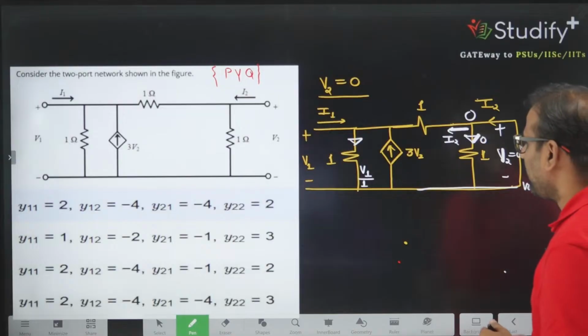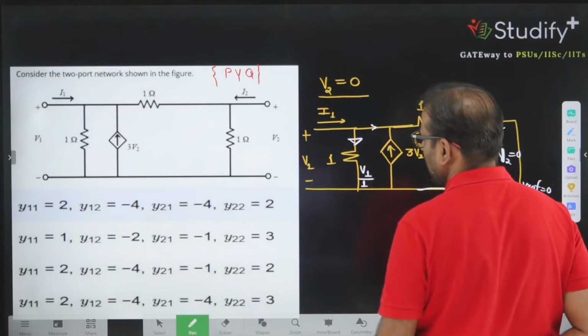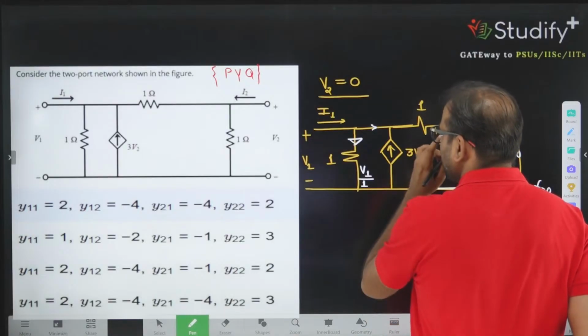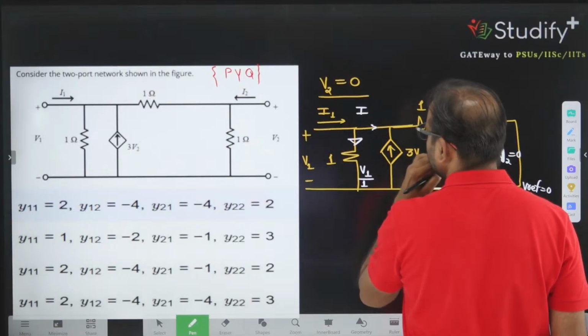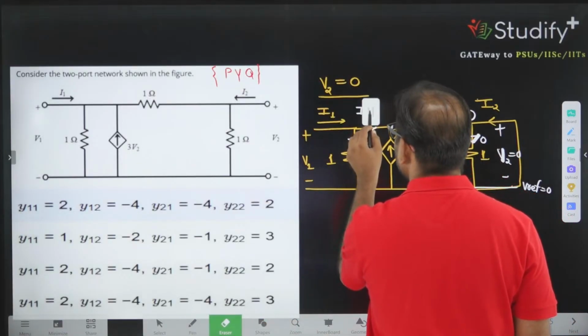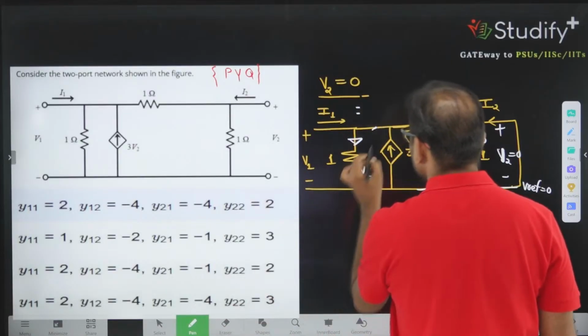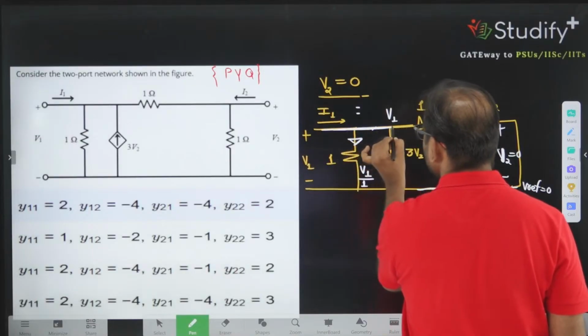This current is V1 divided by 1. So what is the current coming from here? What is this potential? This potential is also V1, because this is one short circuited line.